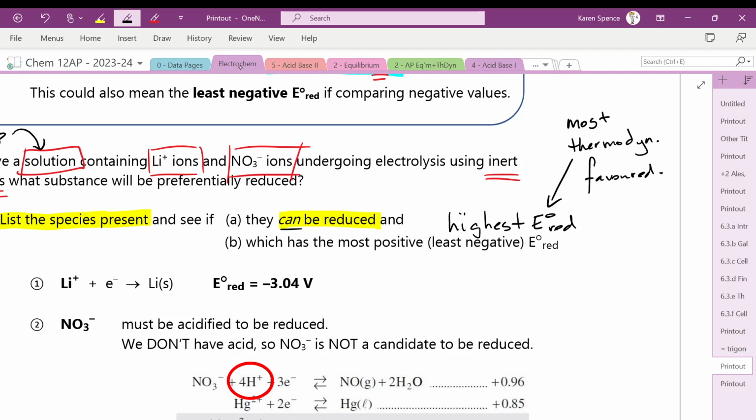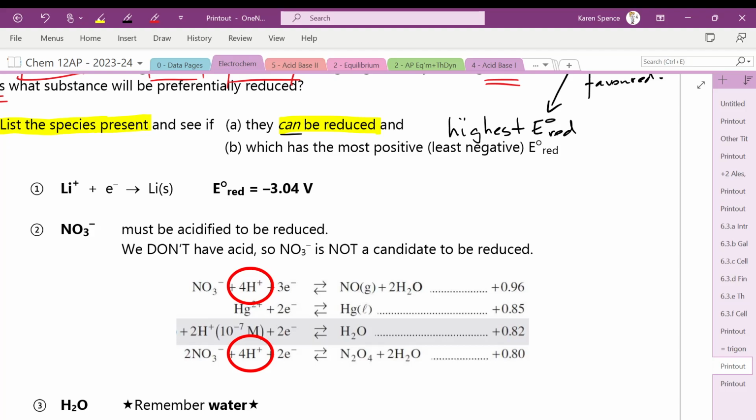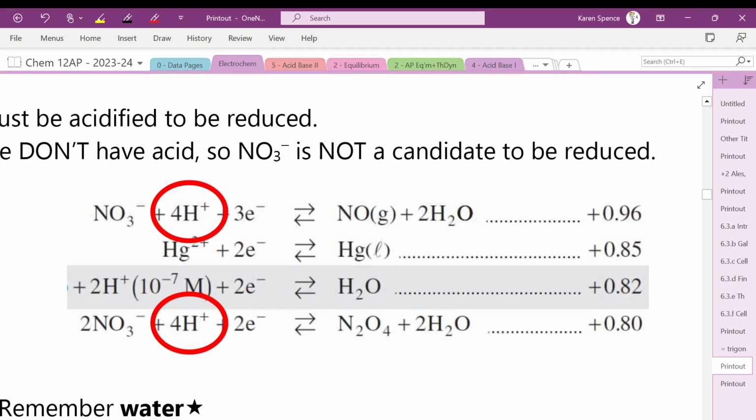Let's take a look at nitrate and see what happens on the chart. We do have two nitrates on the chart, one at 0.96 volts and one at 0.80 volts. Yes, so there's a nitrate here and a nitrate here. However, what else do you see in that reaction with the nitrate? H+.